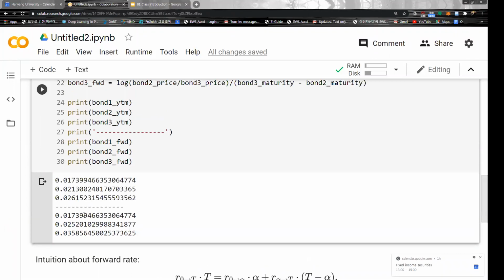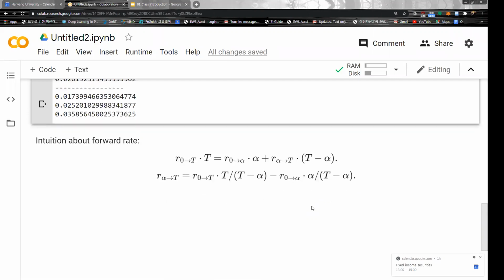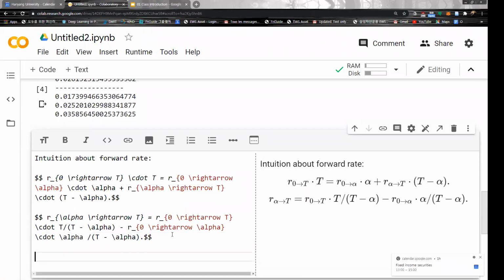So we have forward rate. There are two ways. You can calculate forward rate this way, or you can calculate forward rate such as what I use. My method is this one.